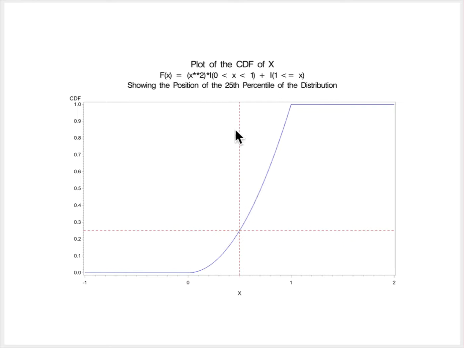Now I've also drawn a vertical line through the point 1/2, and you can see again that the horizontal line, the vertical line, and the CDF curve all intersect at the same point, showing that I've done my analytical calculation correctly.